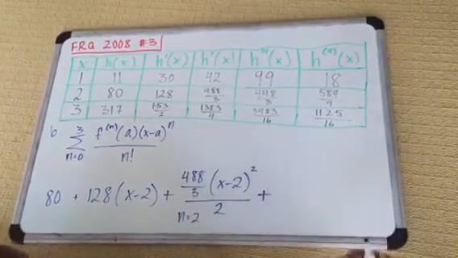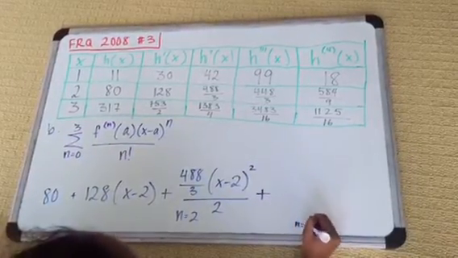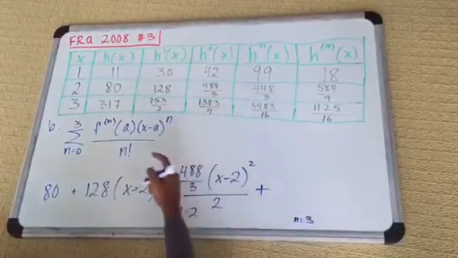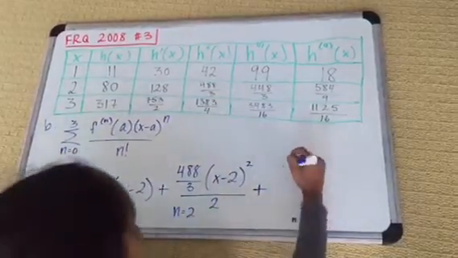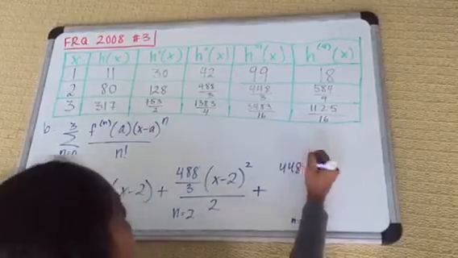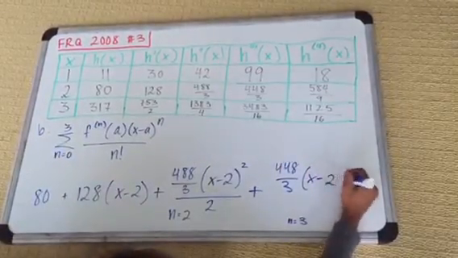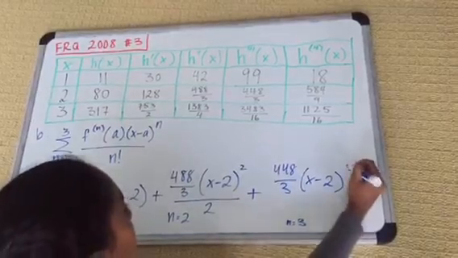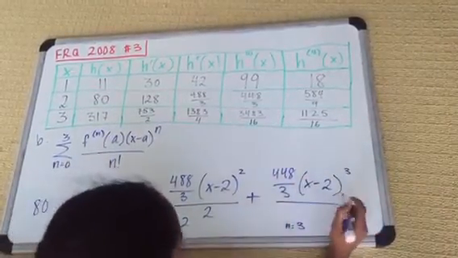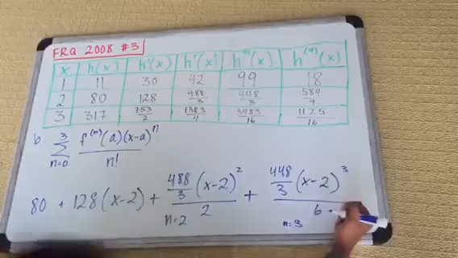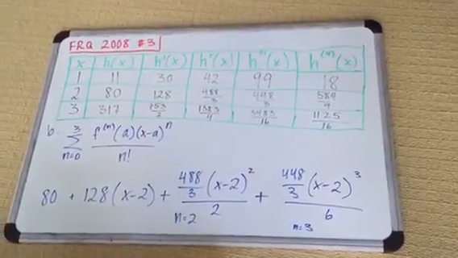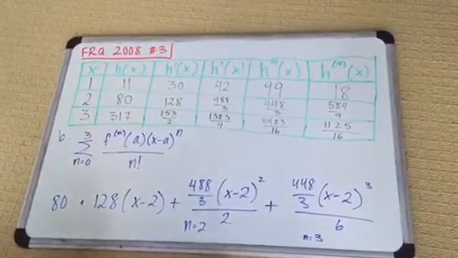And that's our third term. Our next term is going to be with n equals 3. h triple prime of 2 is 448 over 3 times x minus 2 to the n equals 3 cubed, and 3 factorial is 6.